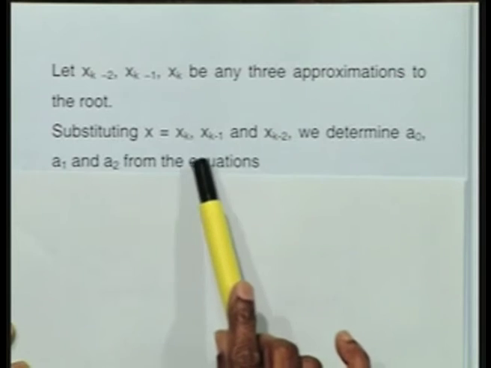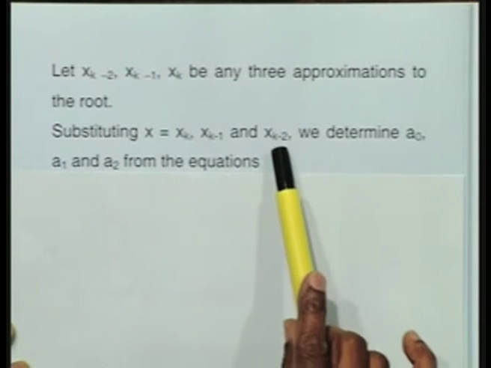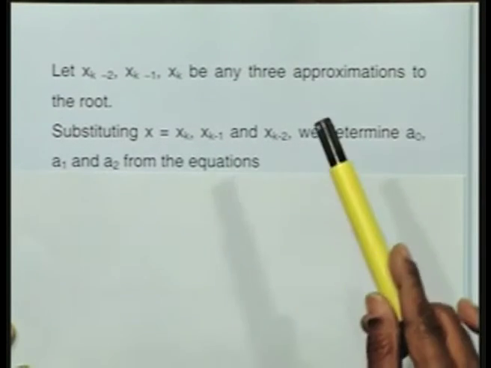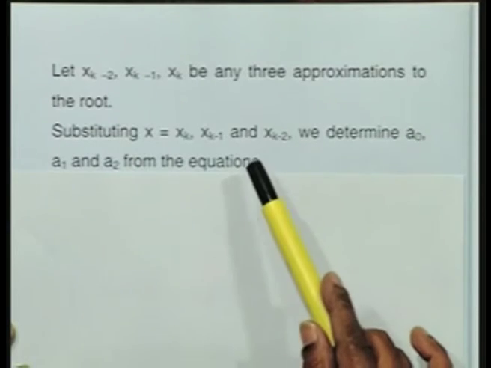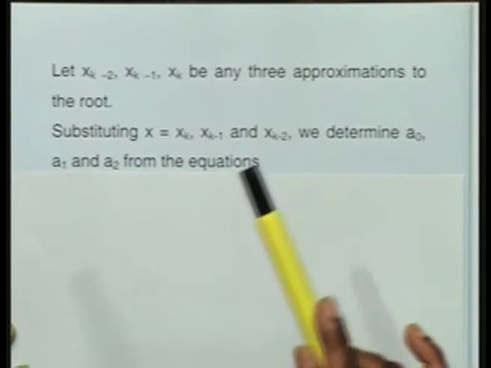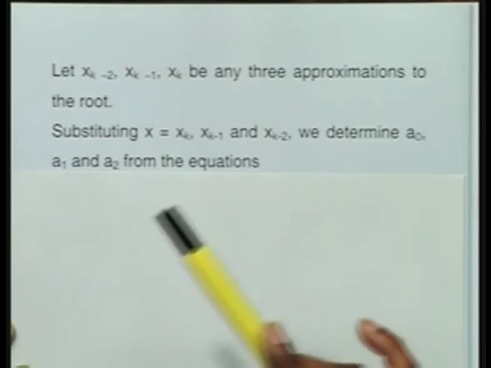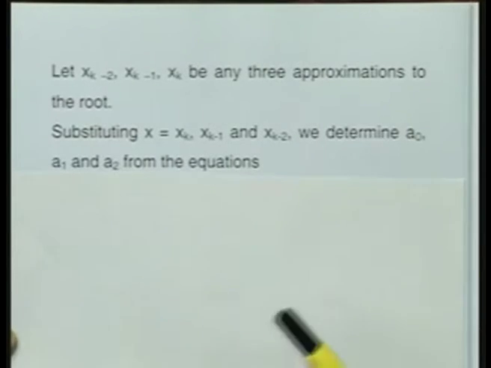Therefore, I would take the three approximations to the root as xk, xk minus 1, xk minus 2. That means, in order to start the implementation of the method, I need x0, x1, x2 to start, and then find x3, x4, x5 from the method.